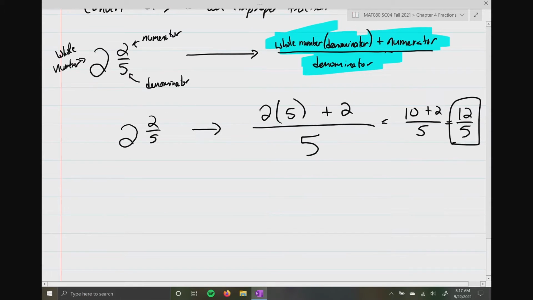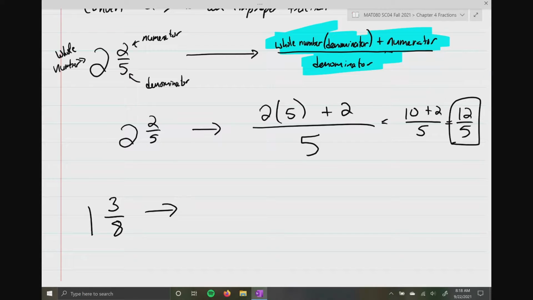Let me give you one to do. 1 3/8. Please convert that to an improper fraction. Do you want the answer?